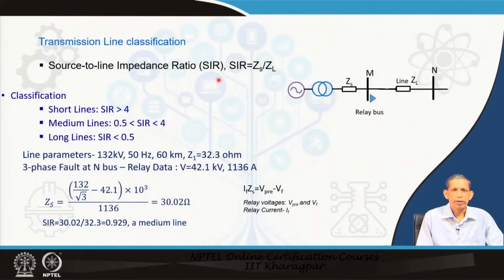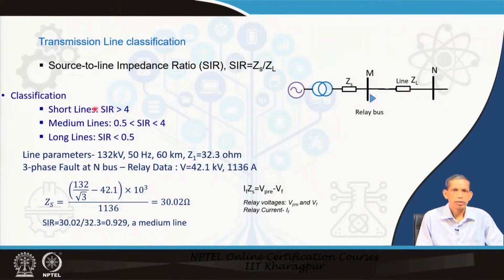Now, we define a term called source to line impedance ratio, SIR. It is a ratio of impedances, unitless, that equals ZS by ZL, where ZS is the source behind this, we can call it Thevenin's equivalent, and the ZL corresponds to the line impedance.